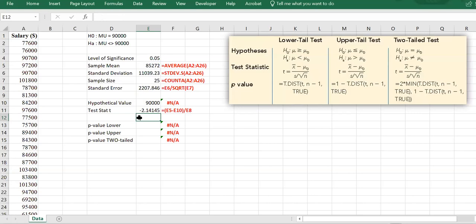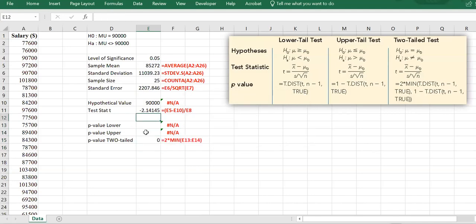Now I have the test statistic of minus 2.14, which is to the left side of the distribution. For the two-tailed p-value, I need to take the lower-tailed p-value and multiply it by 2, or we can just take 2 times the minimum of these two.